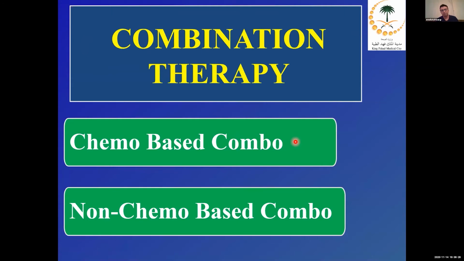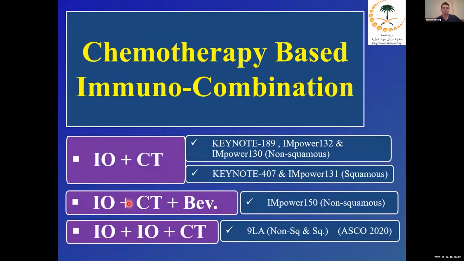So from the combination approach, we have different combination-based treatments that are mostly either chemo-based or non-chemo-based. What I mean by non-chemo-based are the ones that only include dual immunotherapy or checkpoint inhibitors without a chemotherapy background. There are a number of options that came from a number of clinical trials, including chemo-based immunotherapy. We have chemo-immuno KEYNOTE trials.